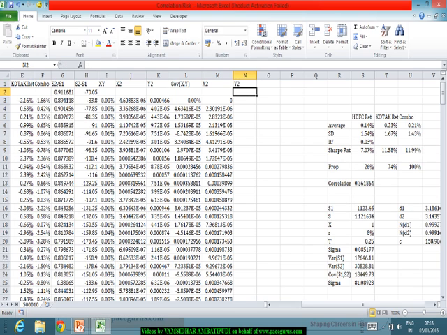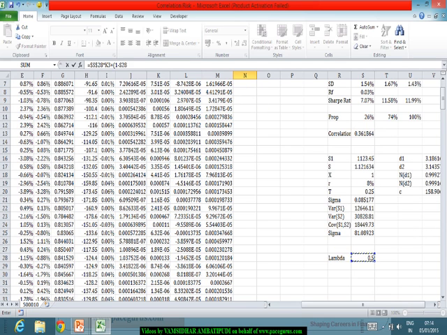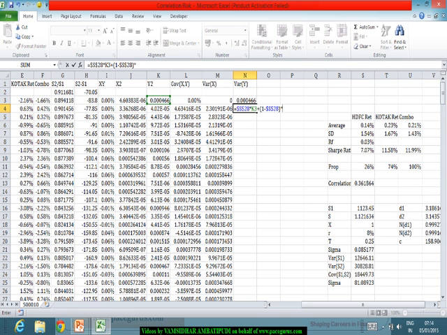Similarly, I can compute the variance of y. So this I'll call it as variance of x, and this I'll call it as variance of y. So this also initially I'll equate it to y squared, but after that I'm giving lambda times the y squared of the previous period plus 1 minus lambda times the variance of the previous period.